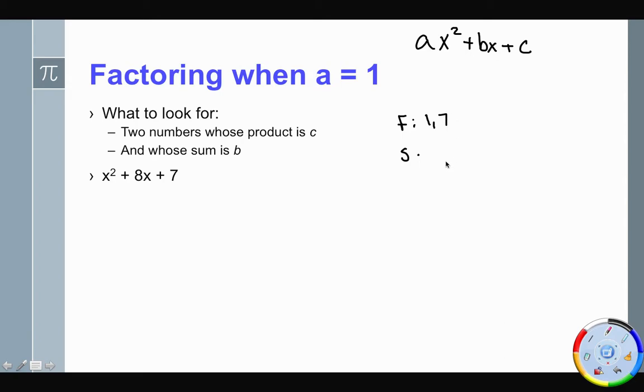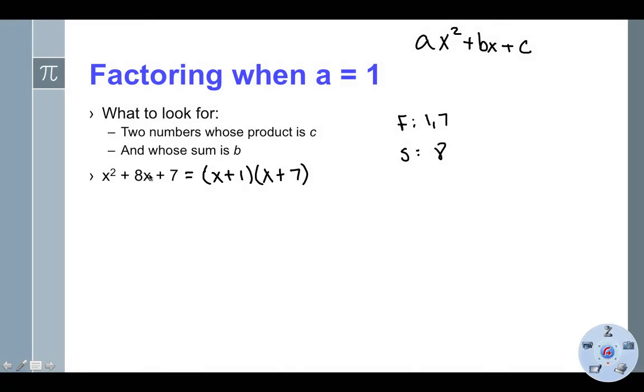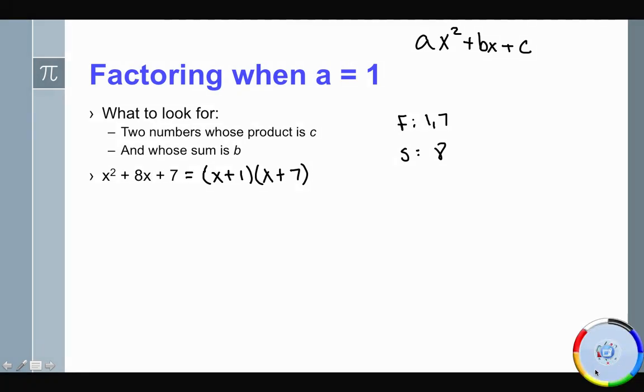And you notice that 1 plus 7 is 8. So there's only one option. And when I get those 2 numbers that make these 2 statements true, I write that in my factoring. In this case, it's a positive 1 and a positive 7. So it's x plus 1 and x plus 7. And that is actually it. That's the factored form of that quadratic.